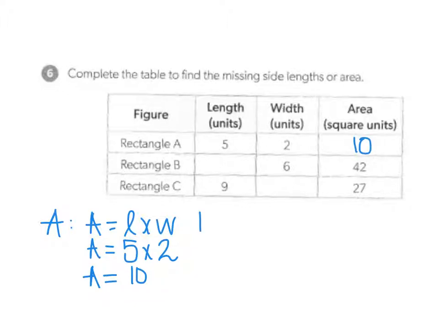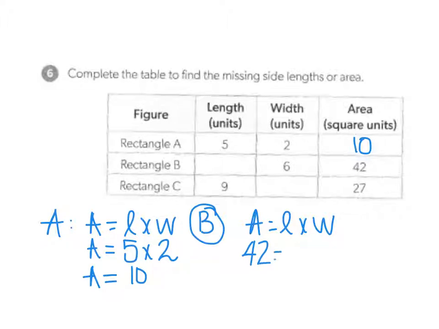Next, I'm going to take a look at rectangle B. I know that the area is equal to length times width. I see that I'm missing the length, but I have the width and I have the area. So I'm just going to plug in to my formula what I know. So the area for rectangle B was 42.